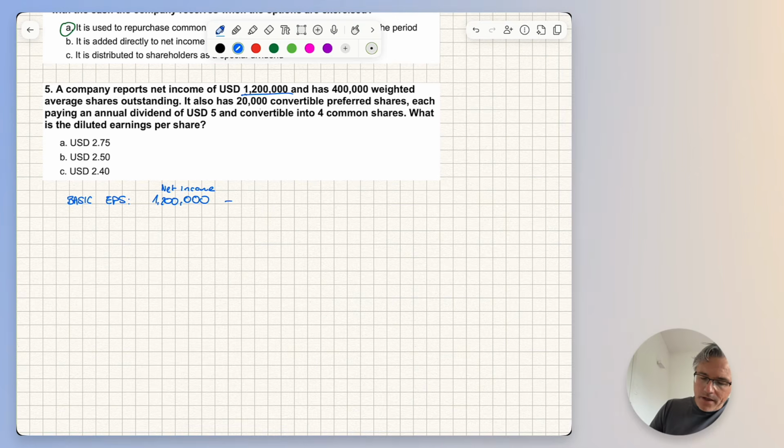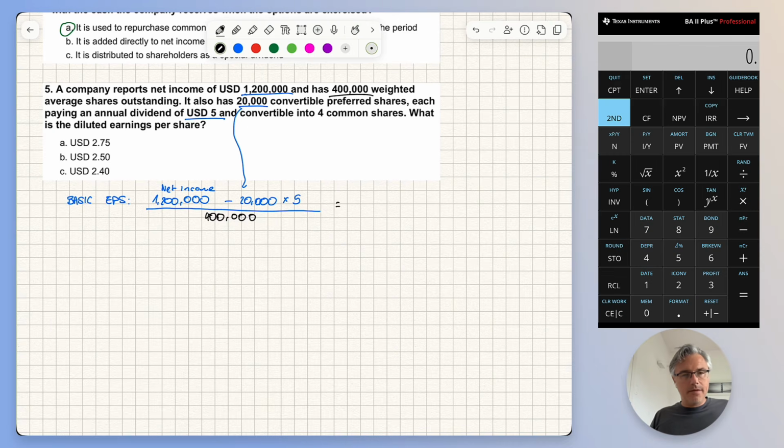So if that company has 20,000 convertible shares, and each one of those is supposed to pay its holder a dividend of $5, we have 20,000 times $5. It will only be after this negative adjustment that we can arrive at the net income available to the ordinary shareholders, who, of course, in the hierarchy of receiving payments, come after preferred. And we divide this by the weighted average number of shares outstanding during the period, which was 400,000.